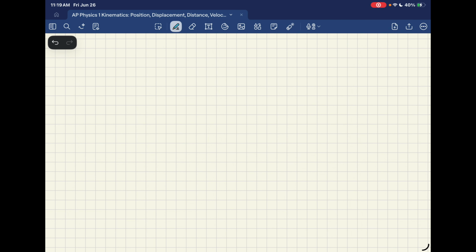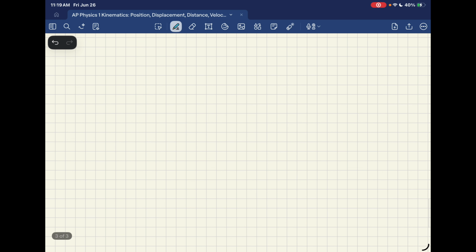Let's do a speed and velocity practice problem now. Let's say that we have a cart that travels 120 meters in one direction, say to the east, in 10 seconds. So it is 120 meters, and it takes 10 seconds to travel.